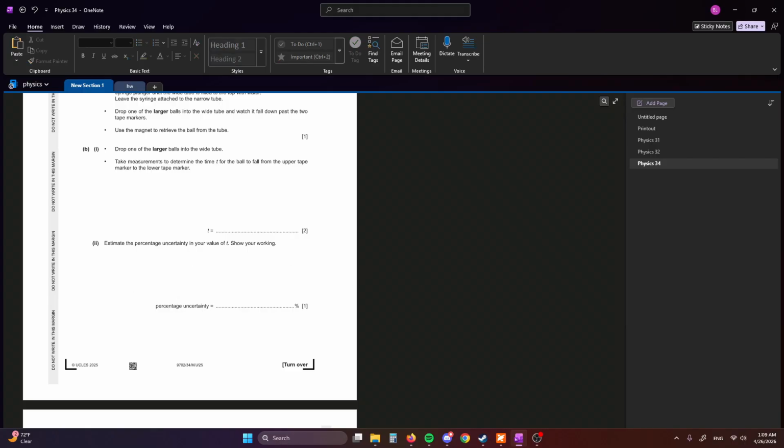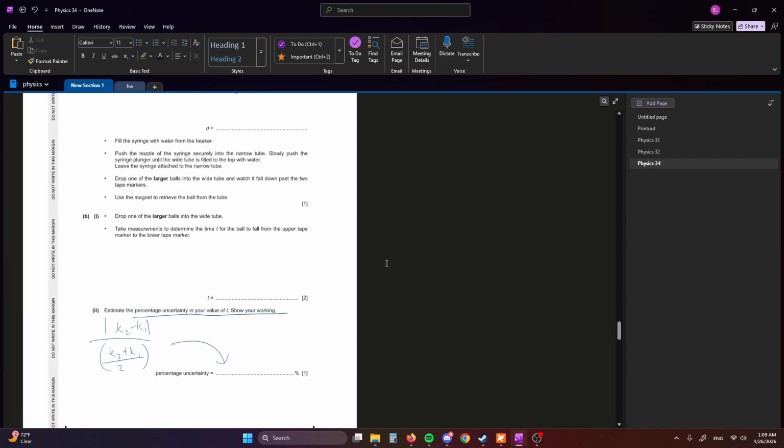Okay, so this is a new question. For percentage uncertainty, I think it's the absolute value of K2 minus K1 over the average of K1 and K2. And you want to put this value over here.